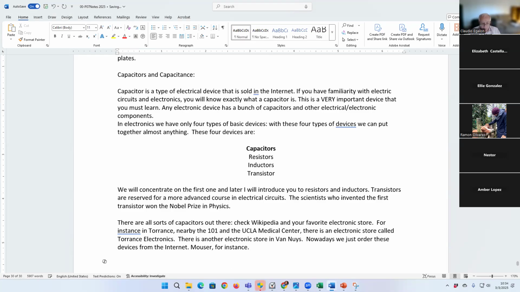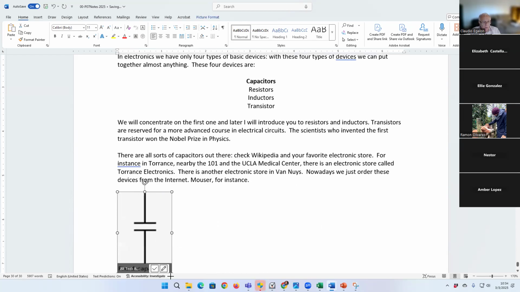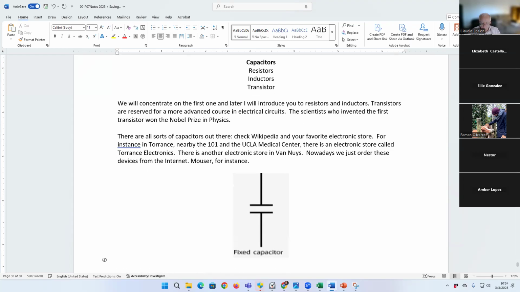Let me first show the symbol of a capacitor, the symbol of a fixed capacitor. You know, I prefer to say fixed capacitance. Okay?